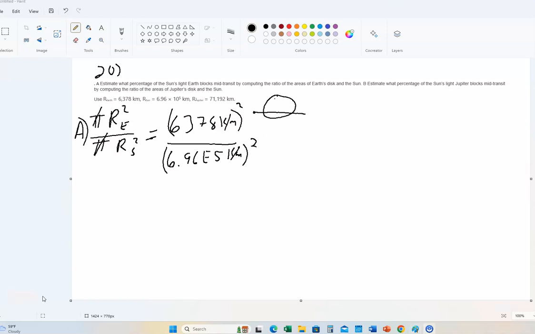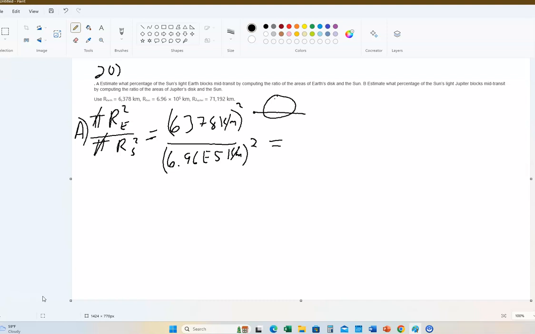This is going to be the pure number, and then we have to turn it into a percentage, so we multiply that number by 100. So it's just 6378 divided by 6.96 times 10 to the 5th, also squared.